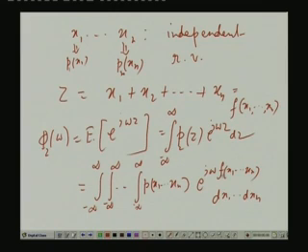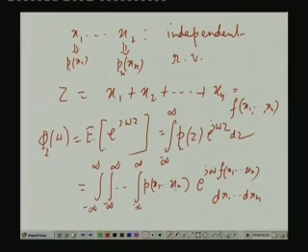So, if you now replace f of x1 to xn by just this summation, because that is how this function is, what you get is e to the power j omega within bracket x1 plus x2 plus dot dot dot xn. And remember, these random variables x1 to xn are statistically independent.